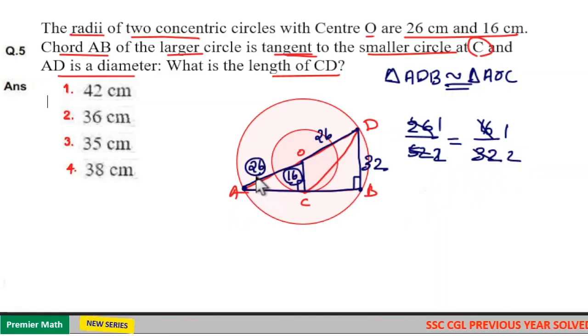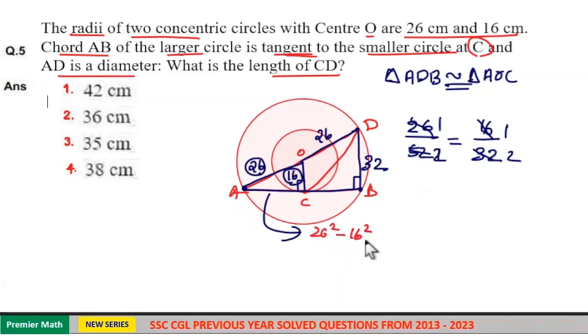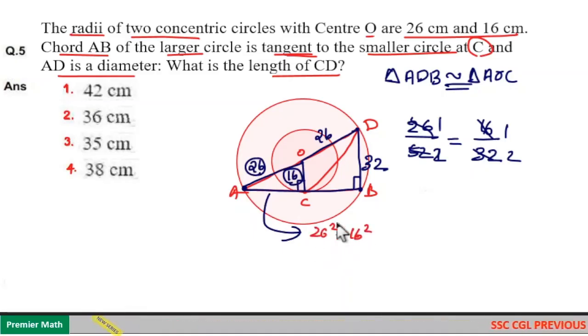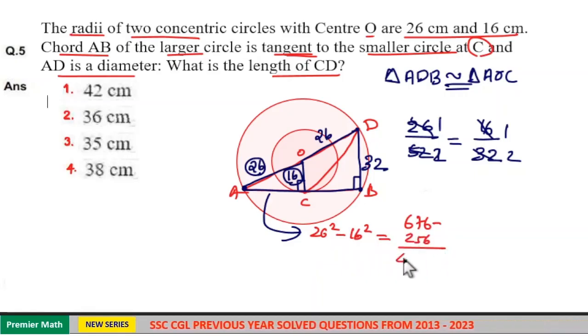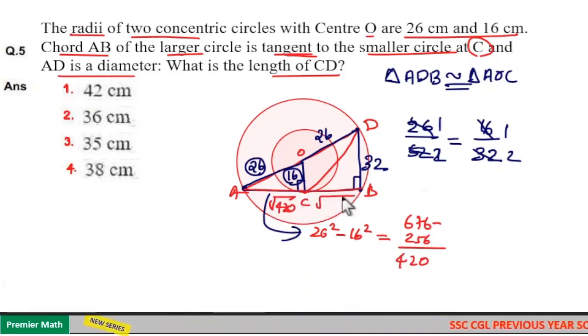And here this is 26 and this is 16, which means this side is equal to root of 26 square minus 16 square, which is equal to 676 minus 256, which is 420. So this side is equal to root 420. Same way, this side is also root 420.